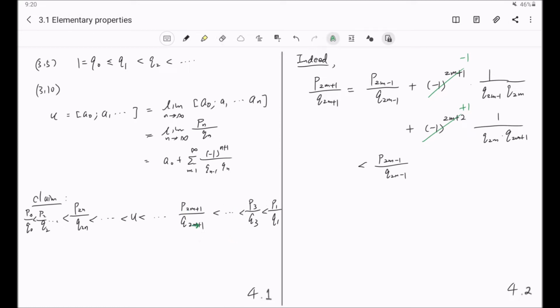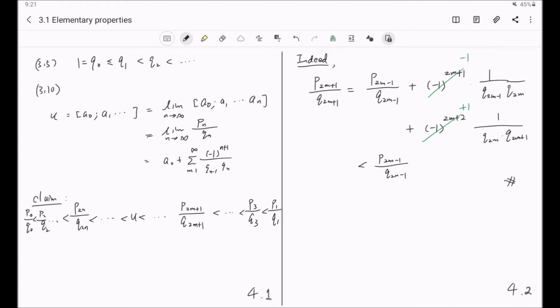So on the right hand side of U, this odd numbered subsequence is decreasing as this index goes to infinity. What I mean is that this odd numbered subsequence is really decreasing with indices. And similarly, you can prove that the even numbered subsequence is increasing with the index.